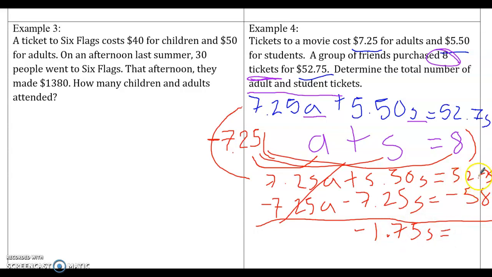Then I'm going to do 52.75 minus 58. I'm going to get negative 5.25. This might be off the screen, but know that this is a 5 right here. Okay, then we're going to divide both sides by negative 1.75, and we should get S is 3.